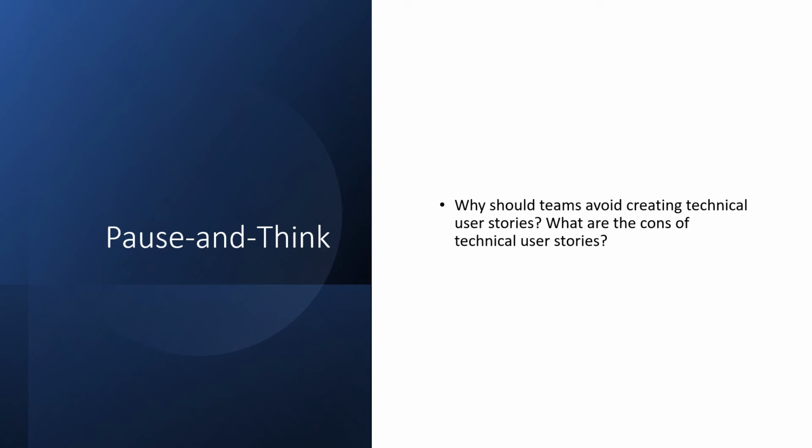Writing user stories that are too technical is a common mistake. Often, it is because the team members don't know how to write user stories, or because the work is not functional in nature and should not be a user story. A user story should not be technical because the technical aspects are not beneficial to the end user.